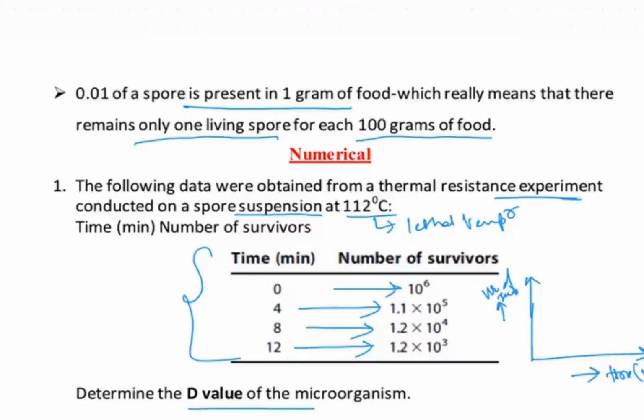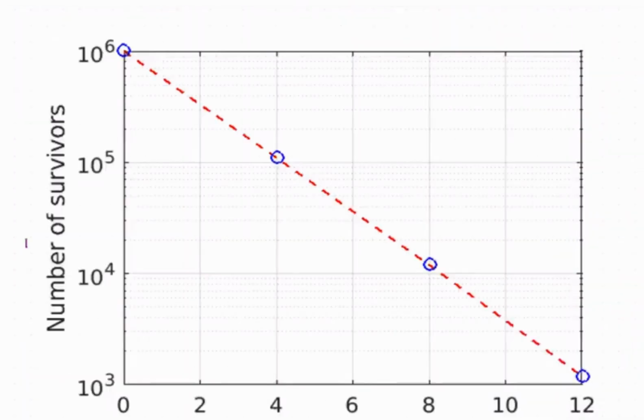I have already plotted a graph. Let me show it. This is the graph. On the y-axis we have taken number of survivors and on the x-axis we have taken time in minutes. From the table we will plot it here, and at 0 minutes we have 10 to the power 6 survivors, at 4 minutes we have 1.1 into 10 to the power 5 survivors, and at 8 minutes we have 1.2 into 10 to the power 4 survivors.